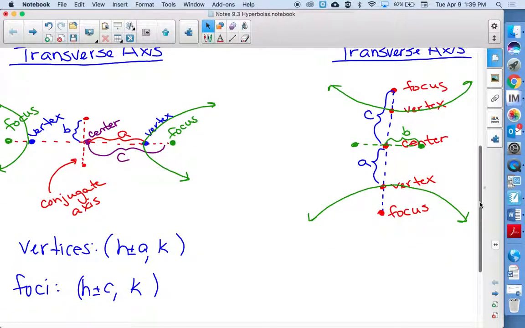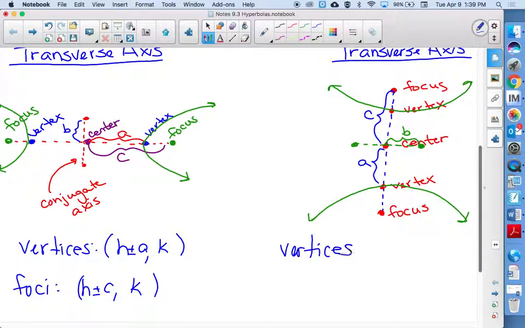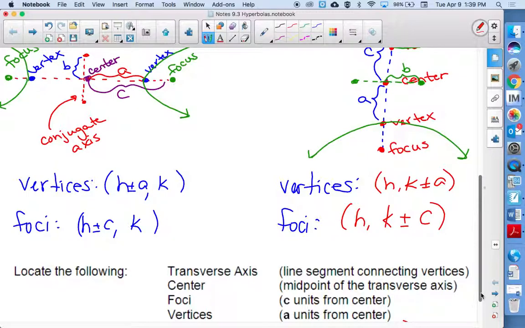We'll talk about why that distance for B is important to actually create the branches. So Eris, the vertices would be, if it's vertical, H, K plus or minus A, and the foci, H, K plus or minus C. Any questions?